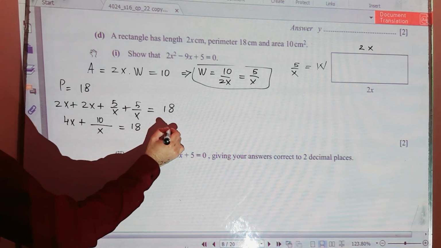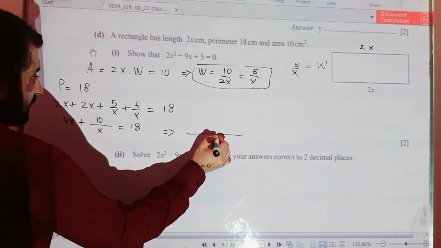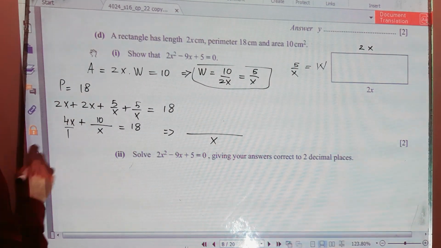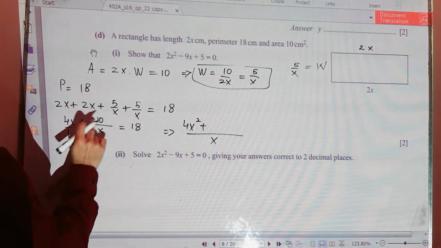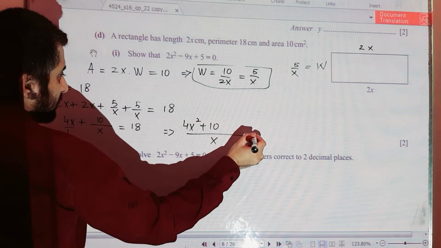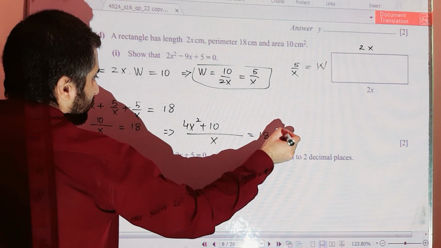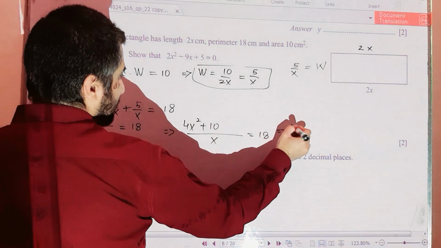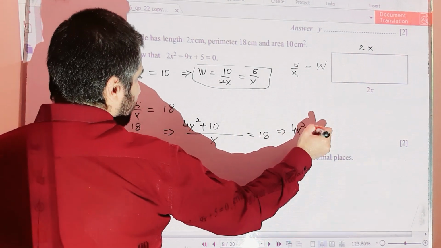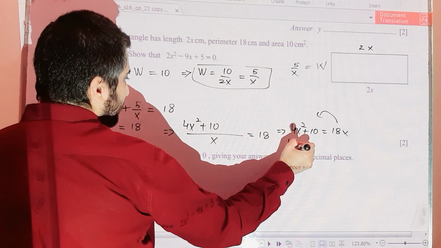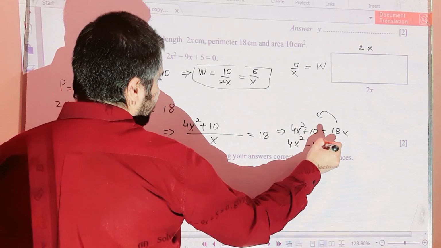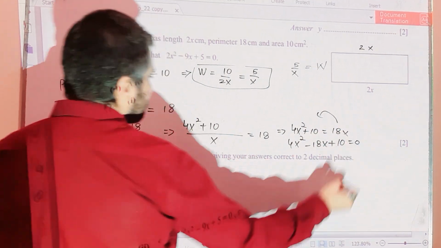On further taking the LCM on the left side, x will be the LCM. Over here we have 1x into 4x will become 4x square. 1 into 10 will become 10 is equal to 18x. Upon further simplification of 4x square plus 10 is equal to 18x. Adjusting this one, 4x square minus 18x plus 10 equal to 0.